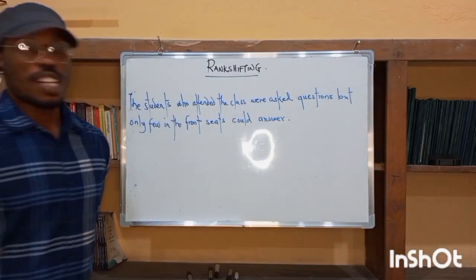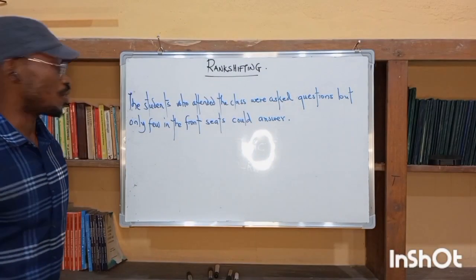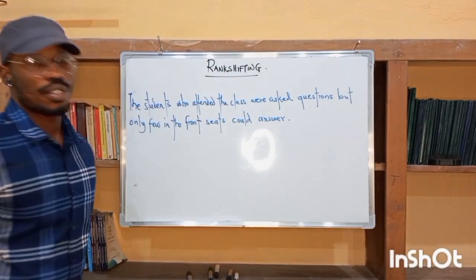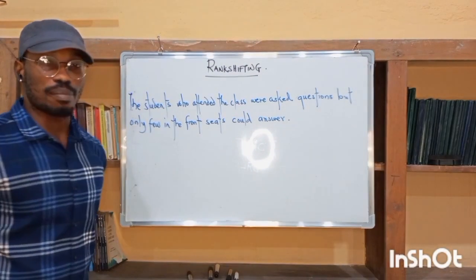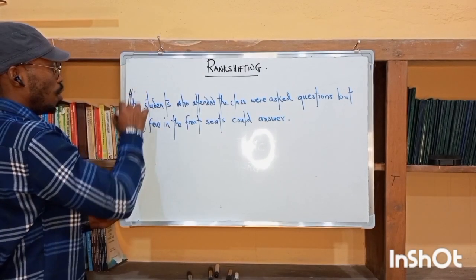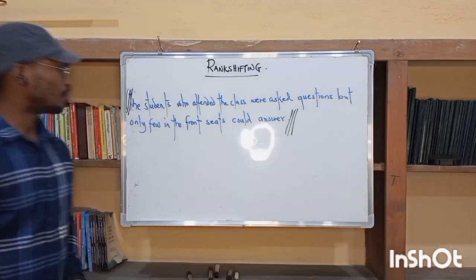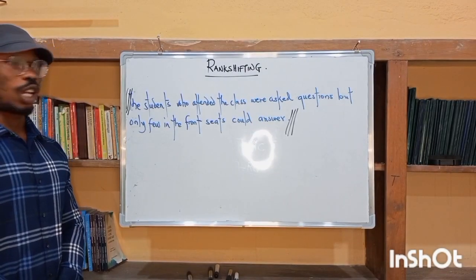Right? Now let's consider the sentence. The students who attended the class were asked questions, but only few in the front seat could answer. Let's start by delineating the markers for sentence. 1, 2, 3. 1, 2, 3. Let's go further and split this into clauses.